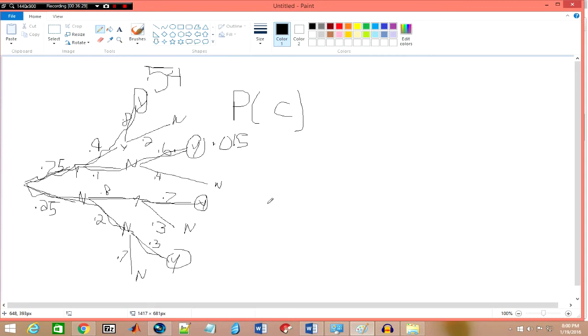0.75 times 0.1 times 0.6 is equal to 0.045. Okay, that's not too bad. Just add a 4 right there. So then 0.25 times 0.8 times 0.7 is equal to 0.14. Then 0.25 times 0.2 times 0.3 is equal to 0.15.